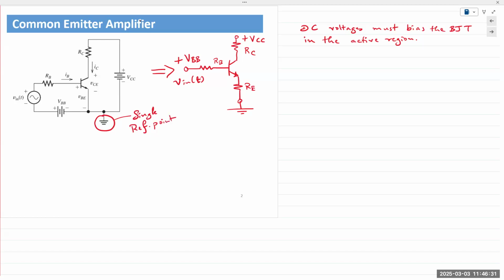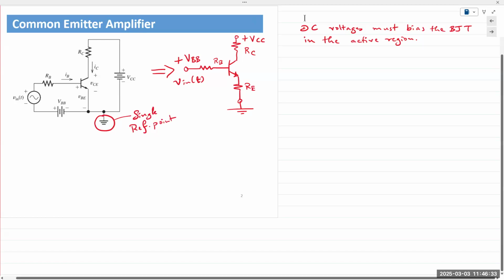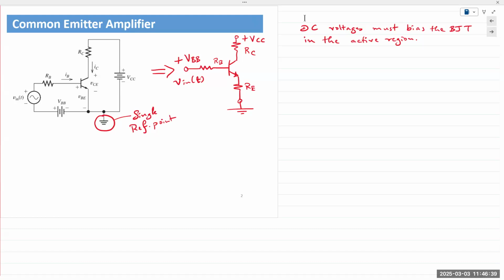All other voltages are measured with respect to this point. Now, when the BJT is in cutoff, the switch is off. In saturation, the switch is on. The two operating modes combined, we say that it acts like a digital switch.